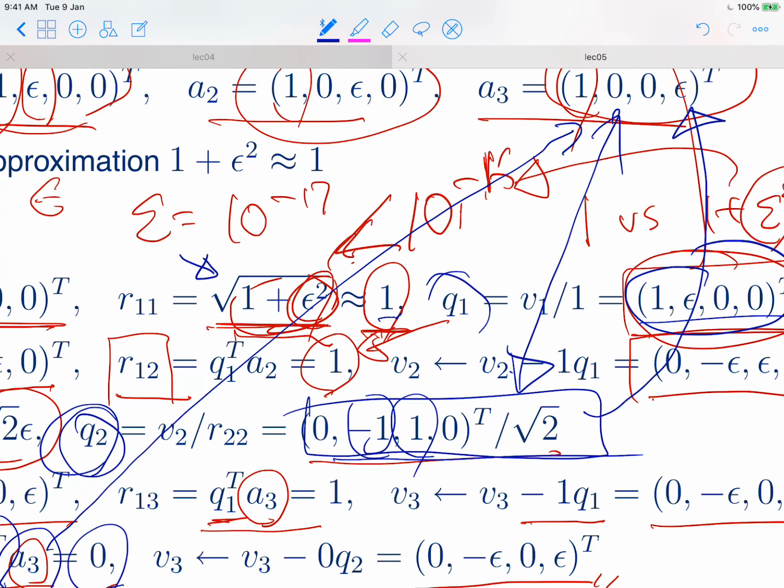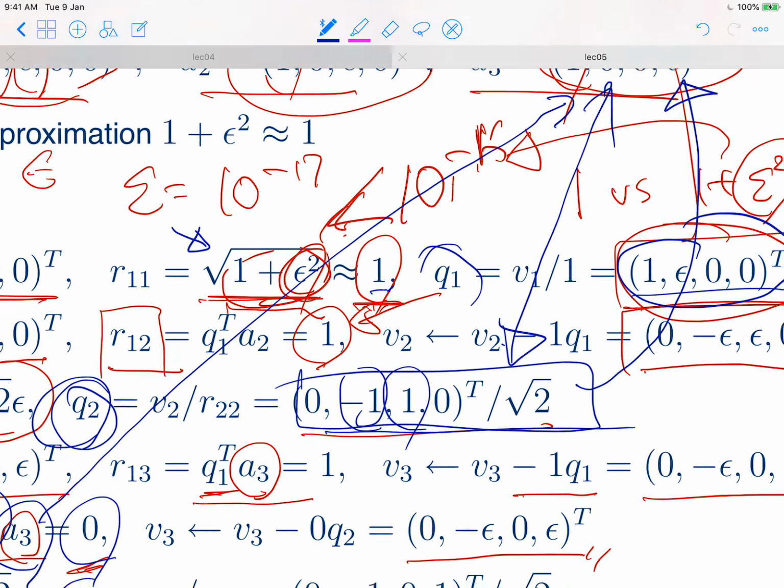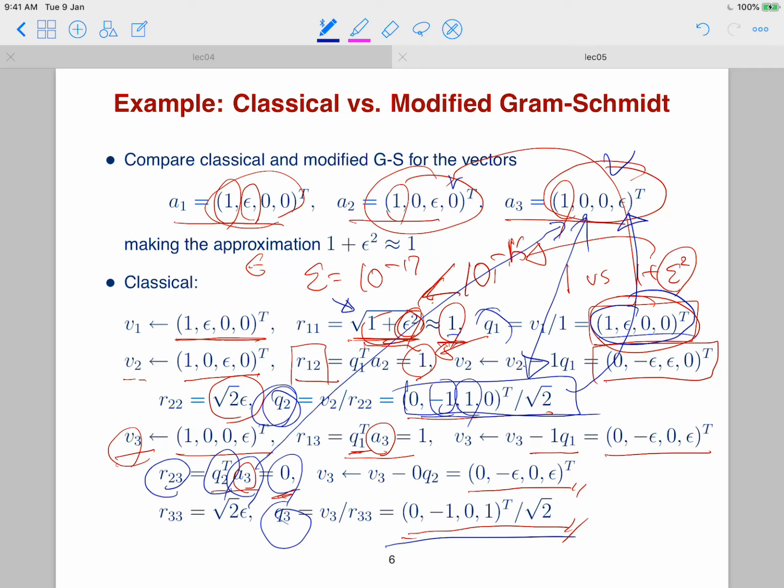But the big impact happens in this place, when computing this remainder from the second vector, and now this remaining vector is composed of all small values, right?